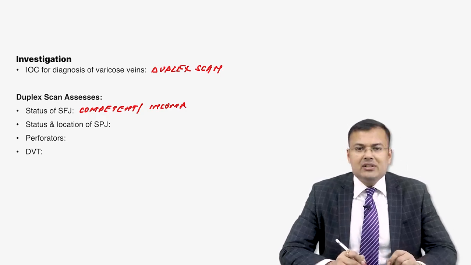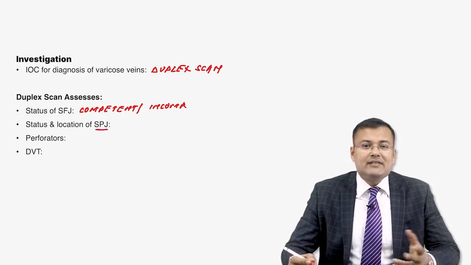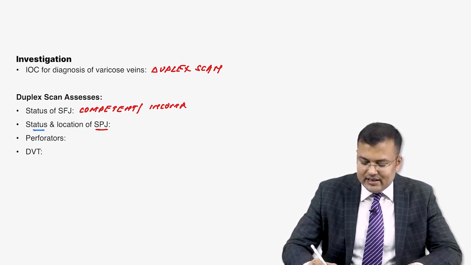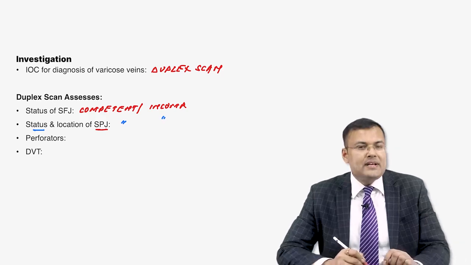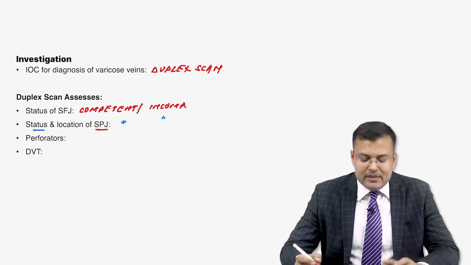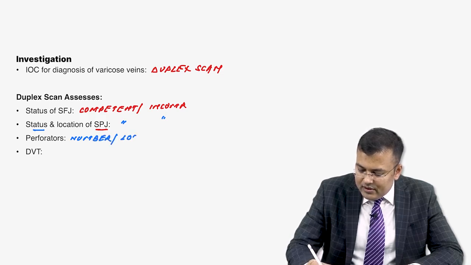Second, the location as well as the status of the saphenopopliteal junction, because its location is variable. Again, it is competent or incompetent. After that, perforators: the number and location of incompetent perforators.